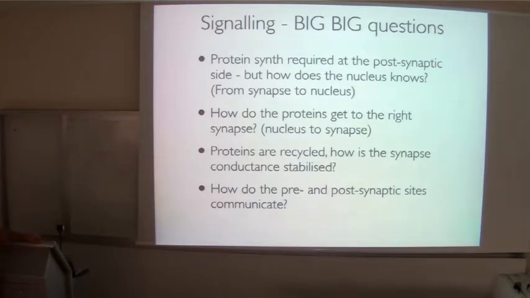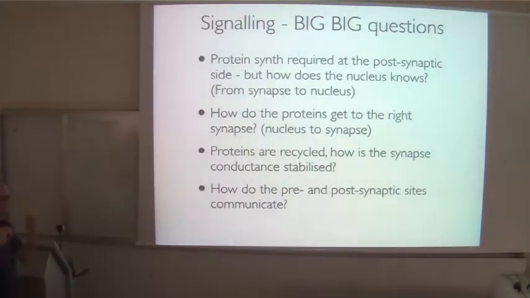CREB is a very important molecule in this process, along with all kinds of other kinases, but it's still really, really unclear. Then you have the issue of how to go from the nucleus back to the synapse. There is a theory called synaptic tagging. The synapse raises some tag and makes itself recognized by the mRNA that goes back to the dendrites, or by the proteins that are carried back to the dendrites.